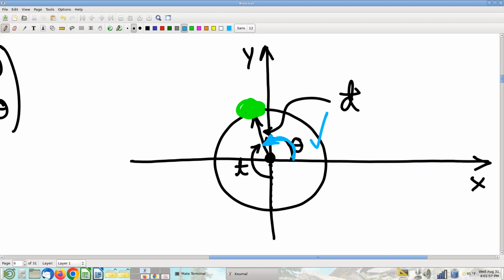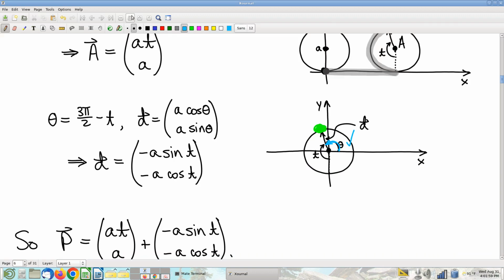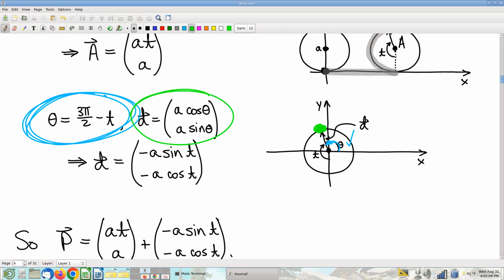So since they always add up to 3 pi over 2, we get this easy formula for theta. We already decided that the D vector is that, again very easily written in terms of theta: cosine theta, sine theta. And we take this formula for theta in terms of t, plug that in, and then use our angle addition formulas.